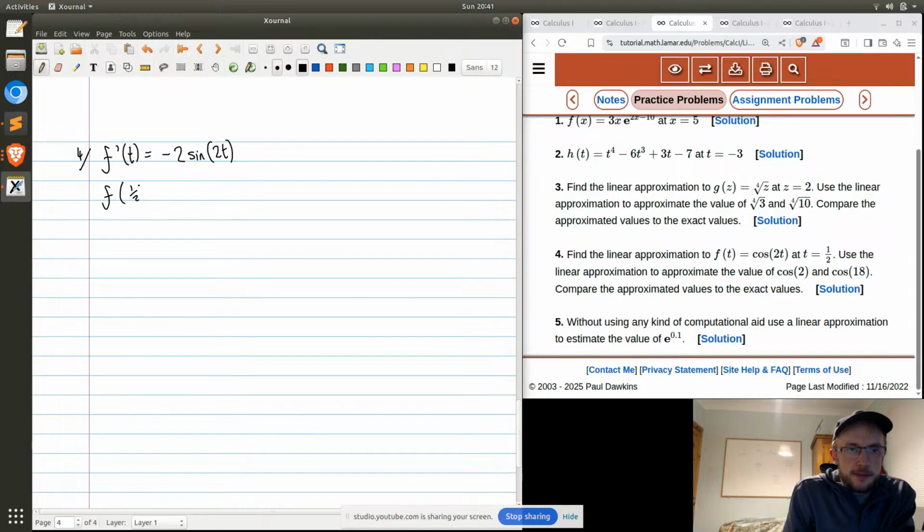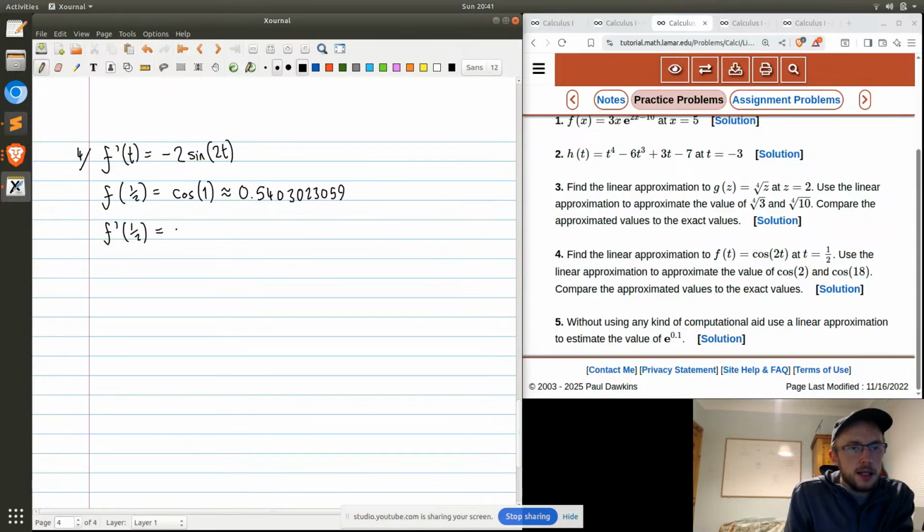F of a half and f prime of a half. F of a half is cosine of 1. Let me guess, exact form, right? We'll put it in approximate, so we can say that it's done.